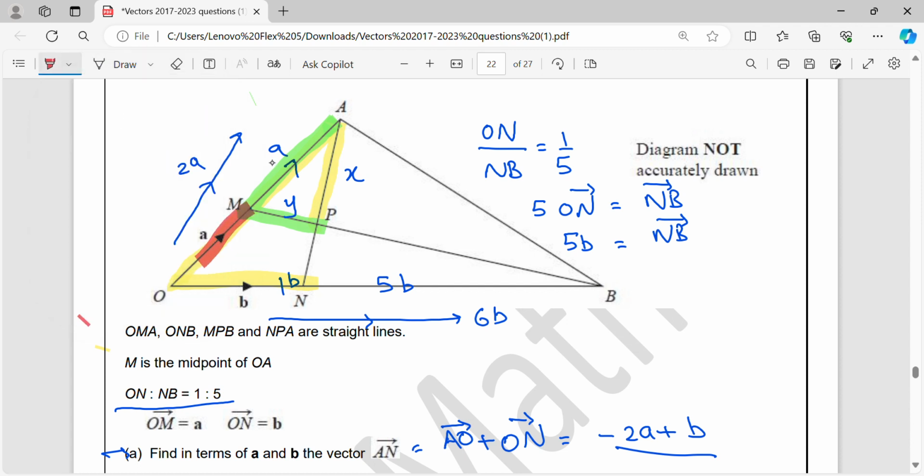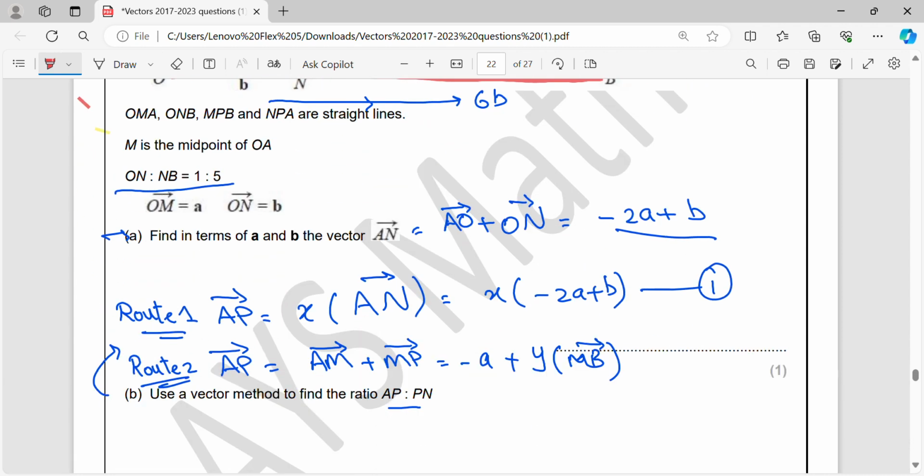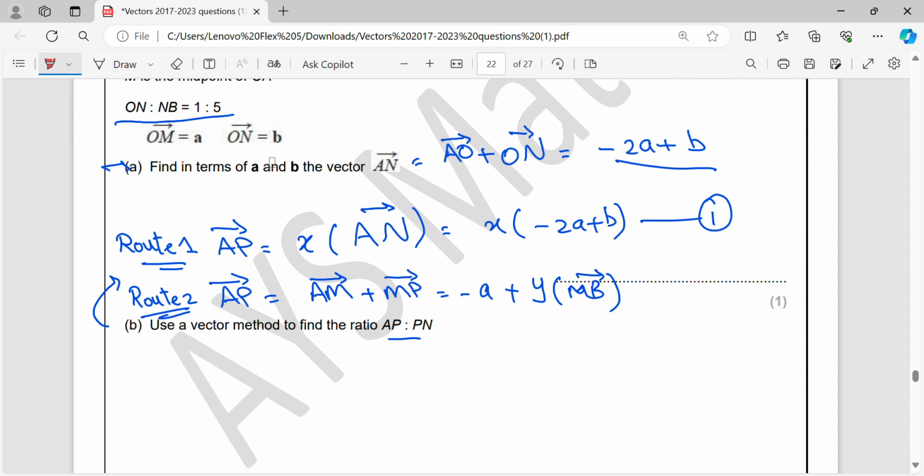I can go this way, MO plus OB. MO is minus A and OB is 6B. So minus A as it is, Y as it is, this is minus A plus 6B. This is my route 2 of AP.